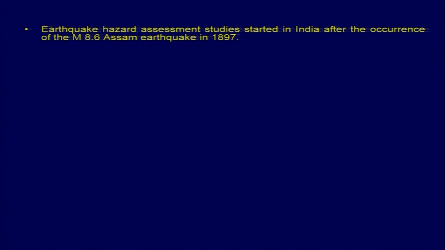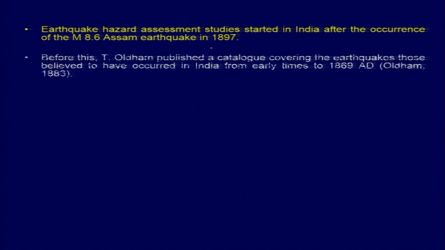Now, the history of earthquake hazard assessment in India, if you take it quickly: the earthquake hazard assessment study started in India after the occurrence of the 8.6 magnitude Assam earthquake in 1897. This earthquake has also been termed the Shillong Plateau earthquake.